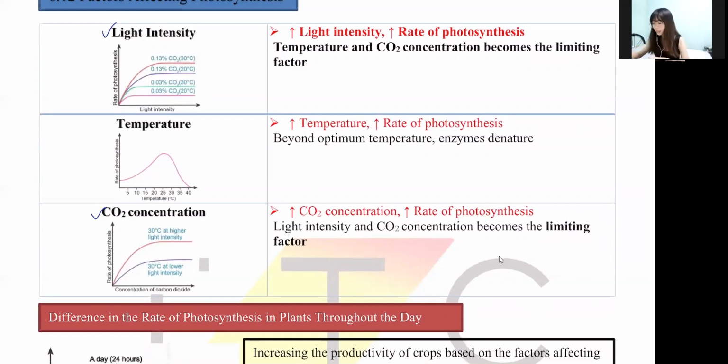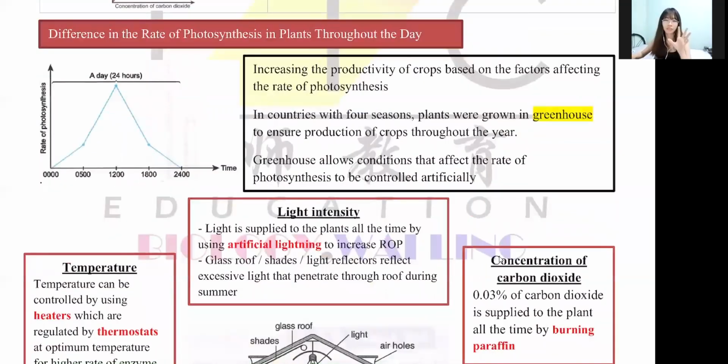Okay, now the other one is, throughout the entire day, how would photosynthesis react in the 24 hours? We all know that the time with the most sunlight is obviously daytime. After you pass the daytime, the reaction will decrease. If there is a winter country, like a 4-season country, they will face a problem, because during the winter time they have a longer nighttime and shorter daytime.